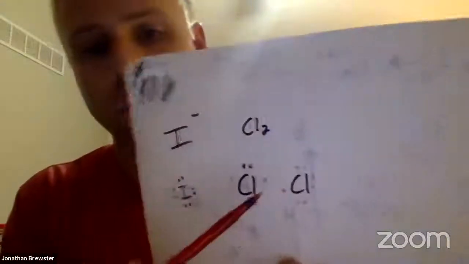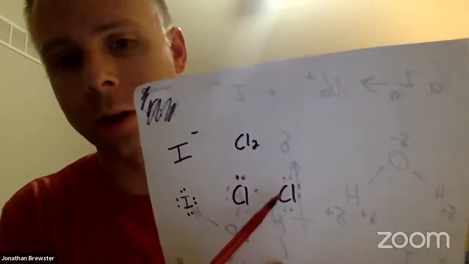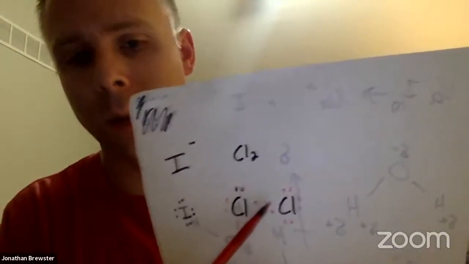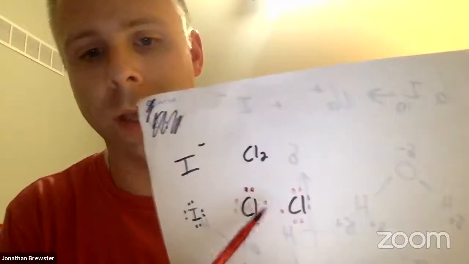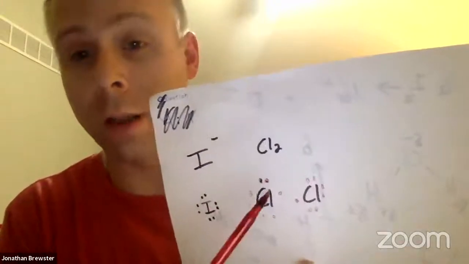1, 2, 3, 4, 5, 6, 7. Chlorine has 7 valence electrons, and you can see why it becomes diatomic: so that it can ultimately share electrons and have 8 total around it.